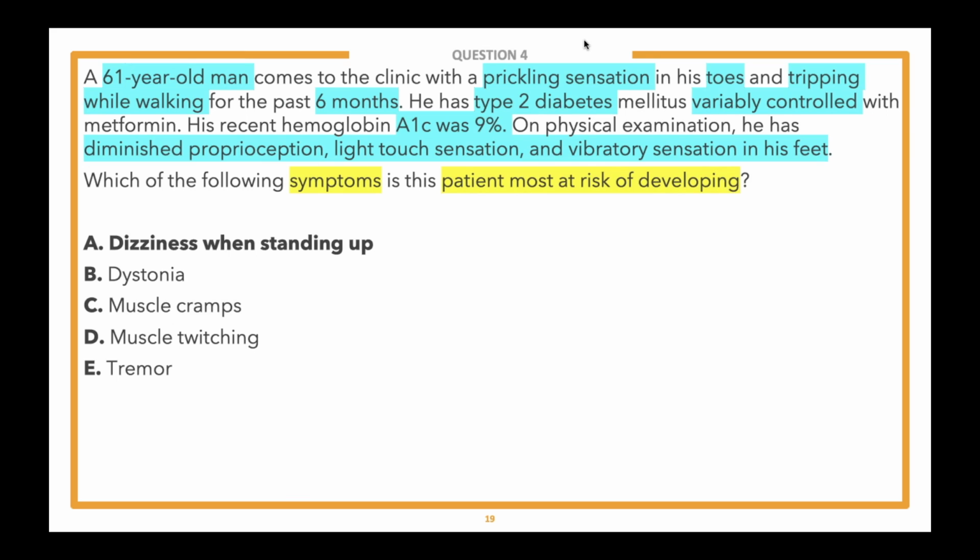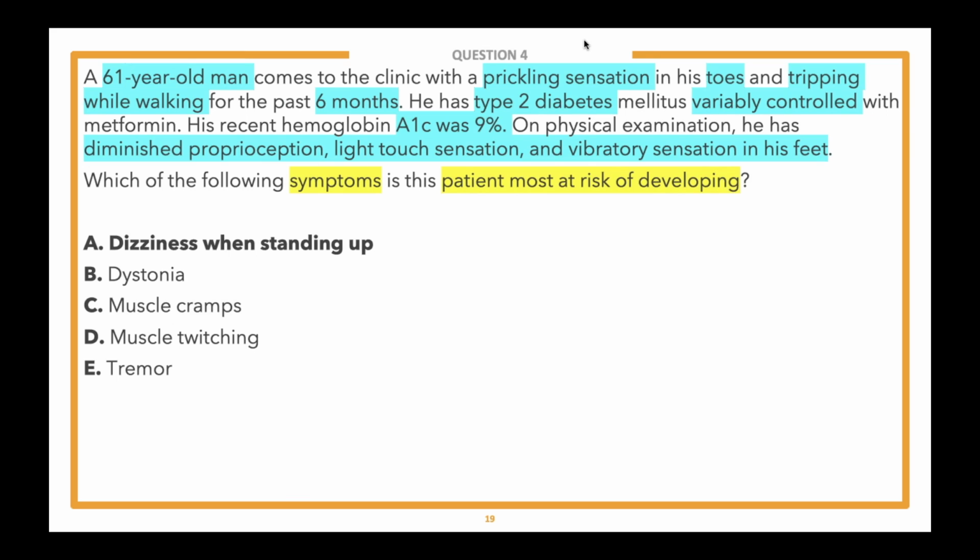the best one. But let's talk about why the other ones are incorrect. So a tremor, that would be something if you were having damage to one of the brain movement control areas, like the cerebellum or the basal ganglia. It can also be essential or primary, but we're not really given those clues. Muscle twitching and cramps, those are symptoms of motor disease, not sensory disease.